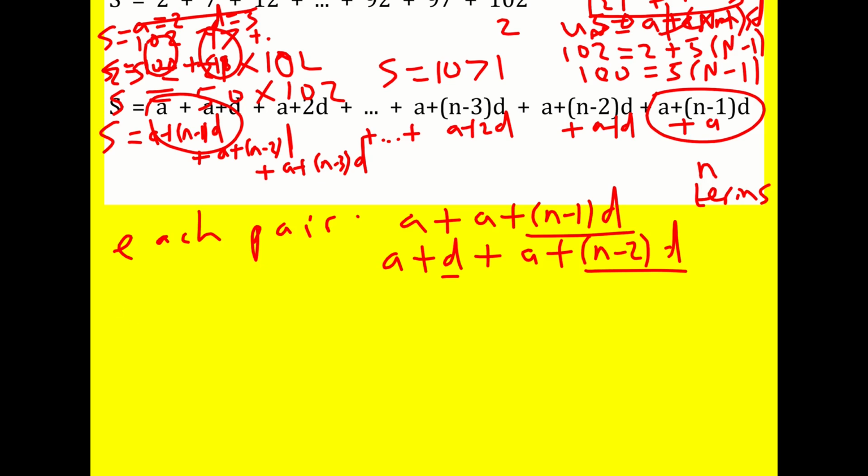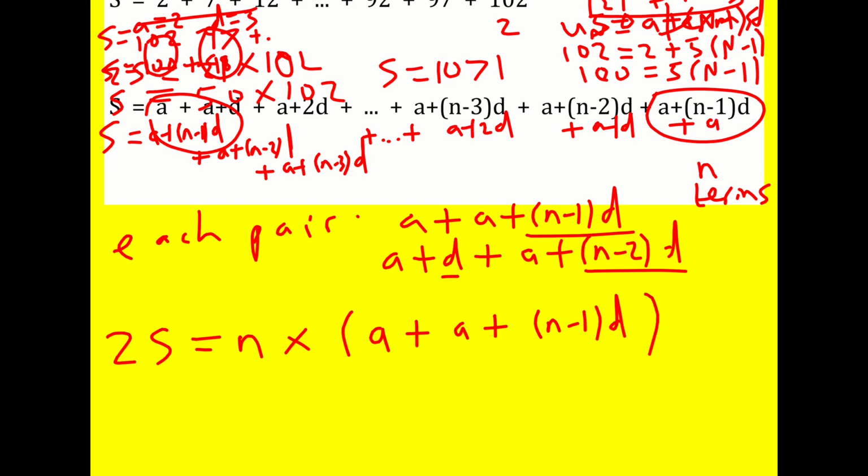If I add both of these sequences together, just like before, I'm going to get 2s. And how many terms have I got? I've got n pairs, because we said there were n terms, n pairs of this A plus A plus n minus 1D. I'm nearly there.